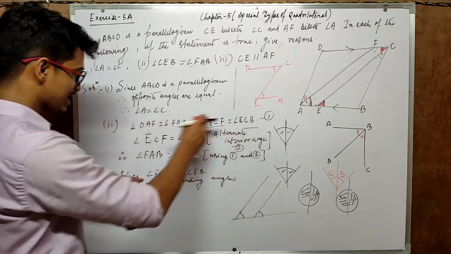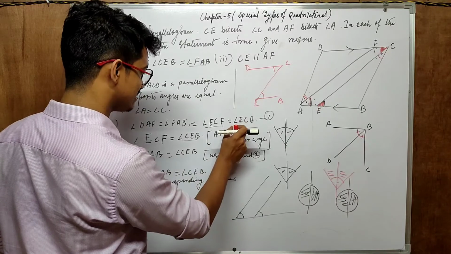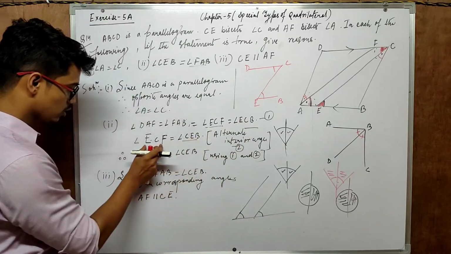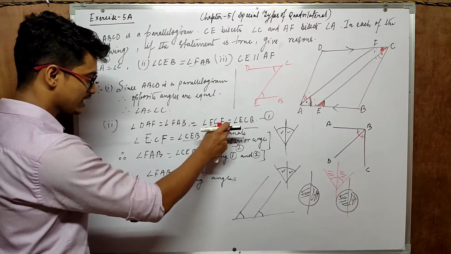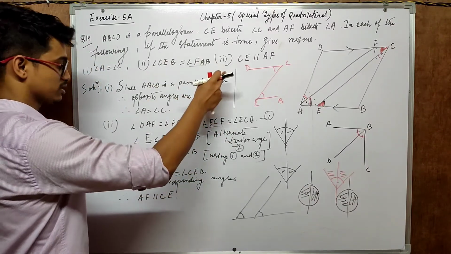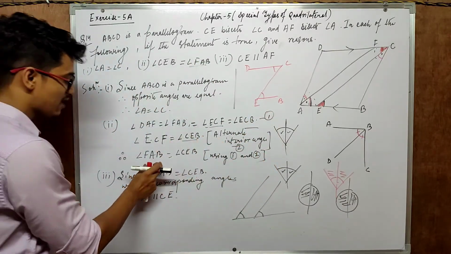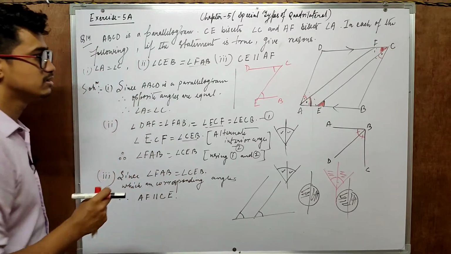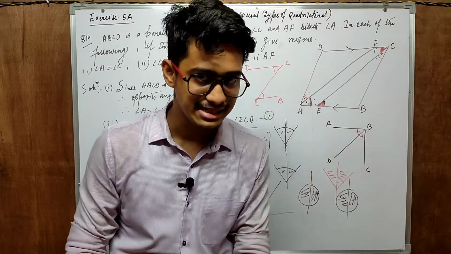So in both the cases, CEB is equal to ECF. ECF is over here, CEB is over here, FAB is over here, which is the question. So by using 1 and 2, we can easily conclude that FAB equal to CEB. There is the second portion. I hope now it is clear.